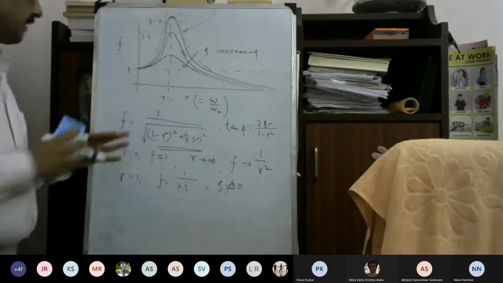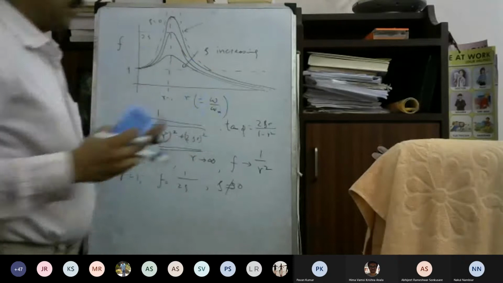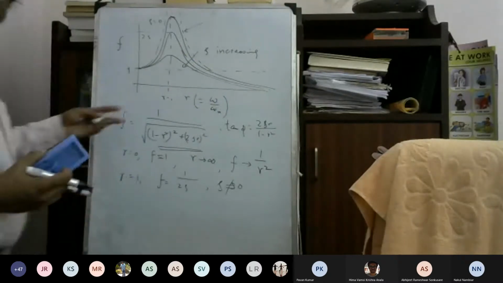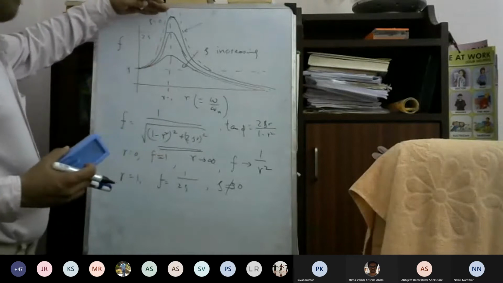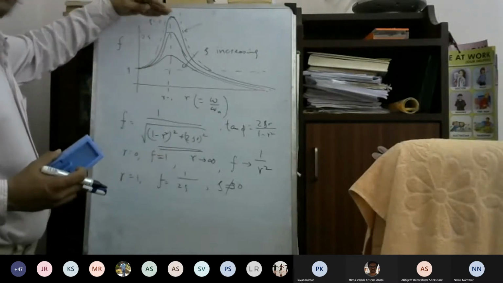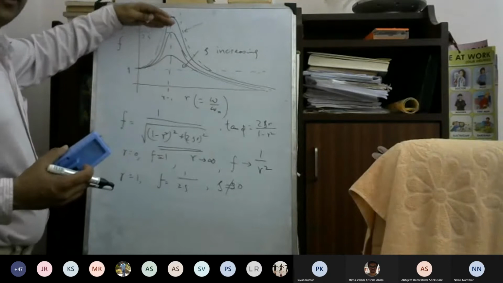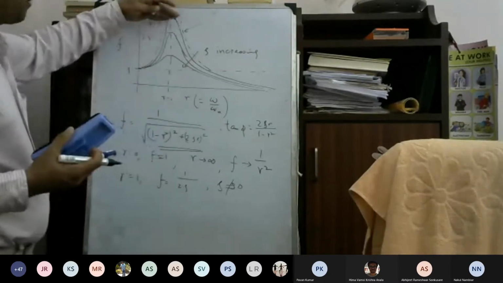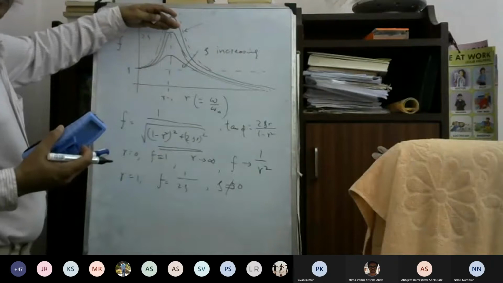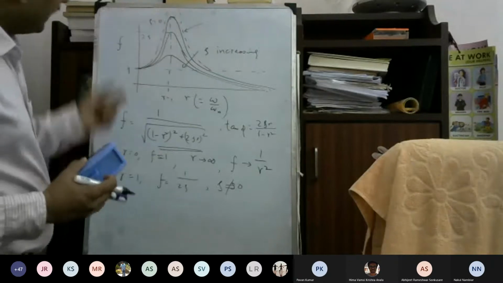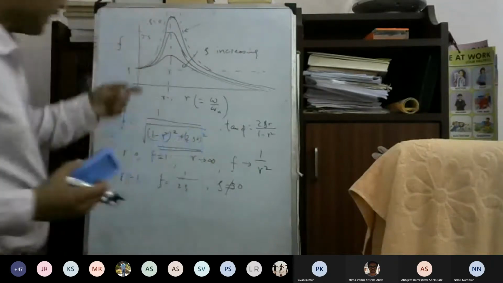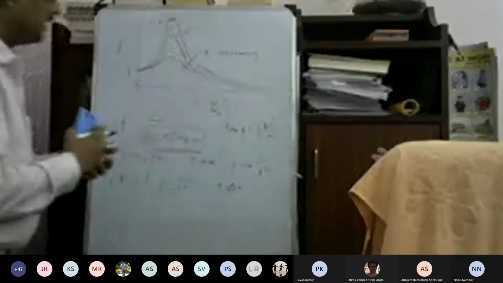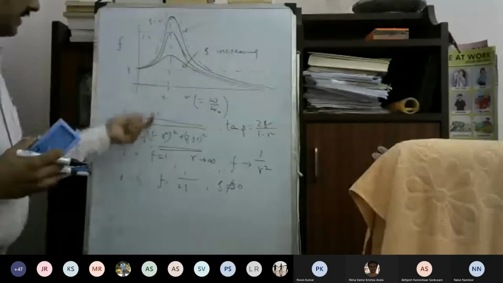That means at r equal to 1, which corresponds to resonance for the undamped system, for the damped system the amplitude will be limited to 1 by 2 zeta. If the zeta value increases, then the amplitude of the response at resonance will go down. At the same time, we see that this curve is becoming more and more flat when zeta is increasing.